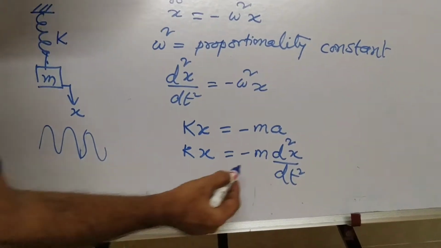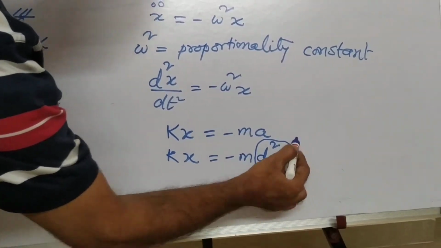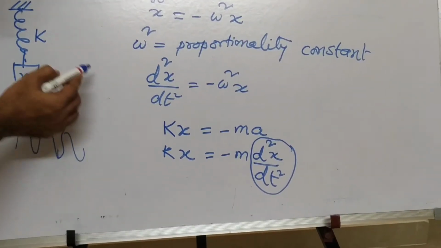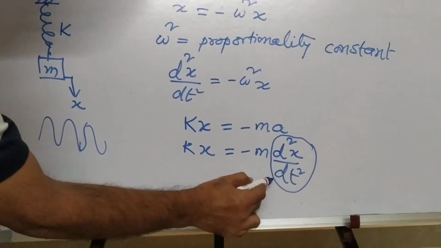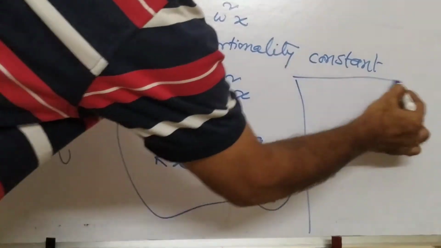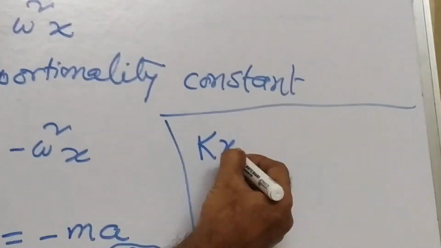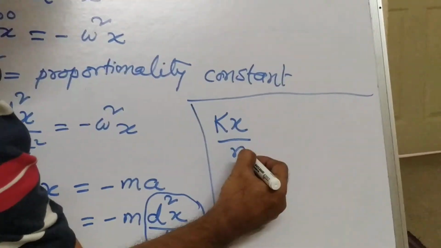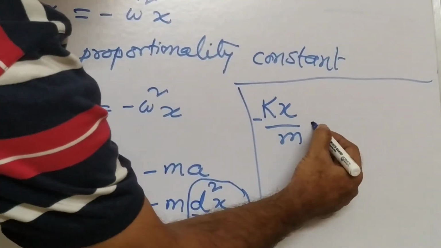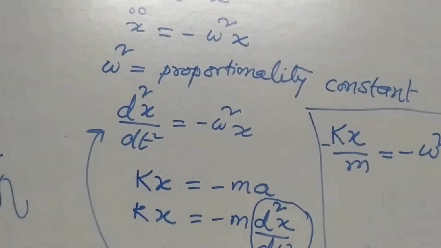Now substituting this d square x by dt square into the equation here, so what we get here is kx by m, that is a minus, equal to minus omega square x.